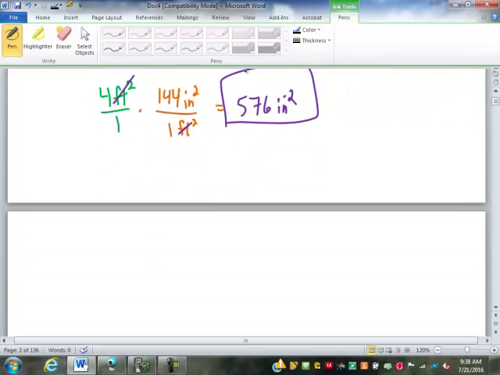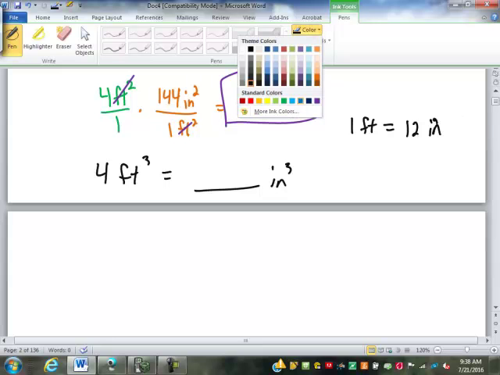So what if I go one more step? What if I go from 4 feet cubed into inches cubed? Well, again, we have to find our conversion factor. Looking at 1 foot is 12 inches again.